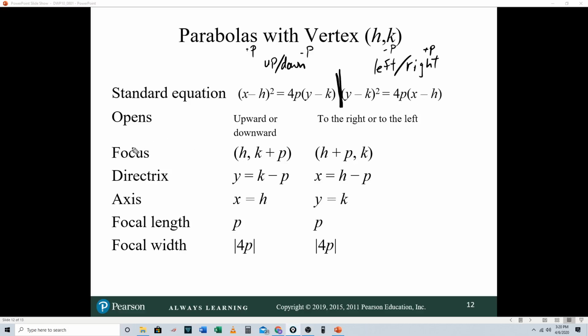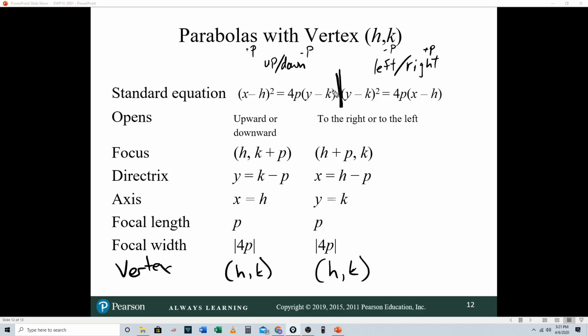Again, this is x minus h and y minus k. I don't know if we did circles, but h and k would be your vertex. That's not written here, so let's write it down: vertex (h, k). Just make sure you change the sign.